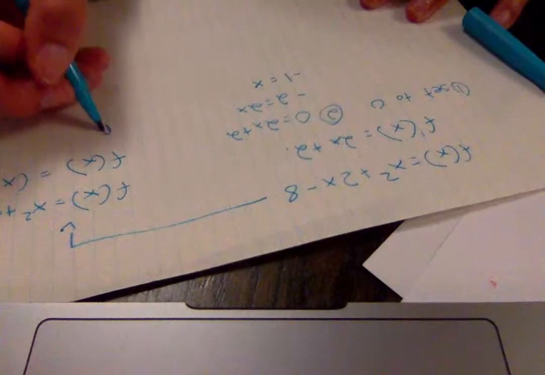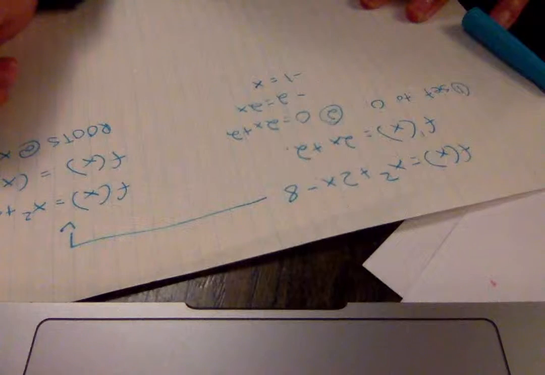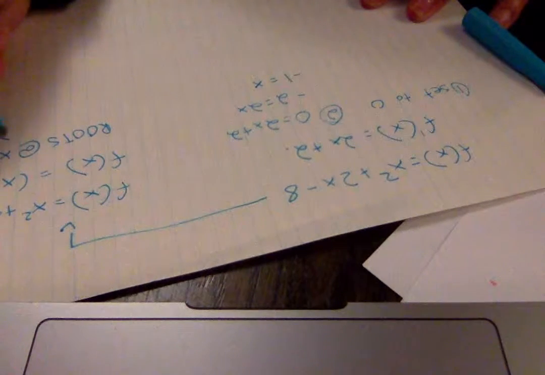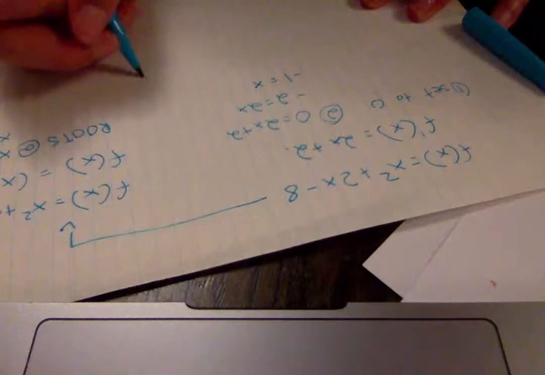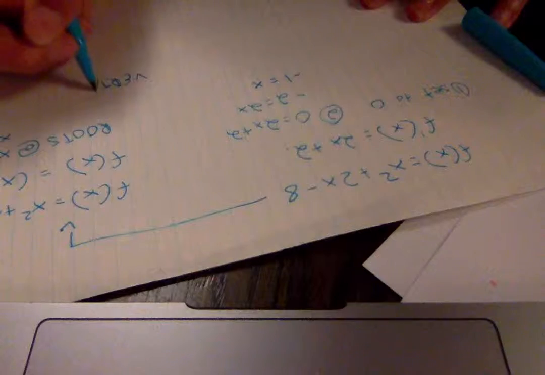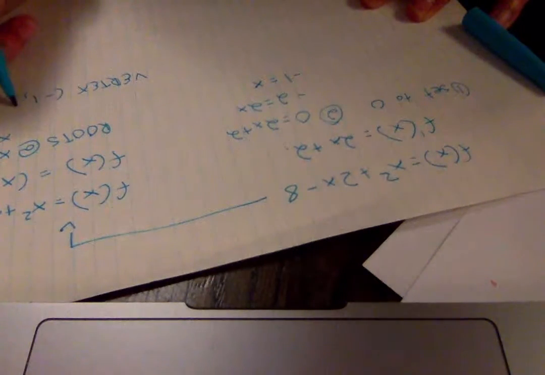So now we know that we have roots at x equals negative 4 and x equals positive 2. We also know that our vertex is at (-1, -9).